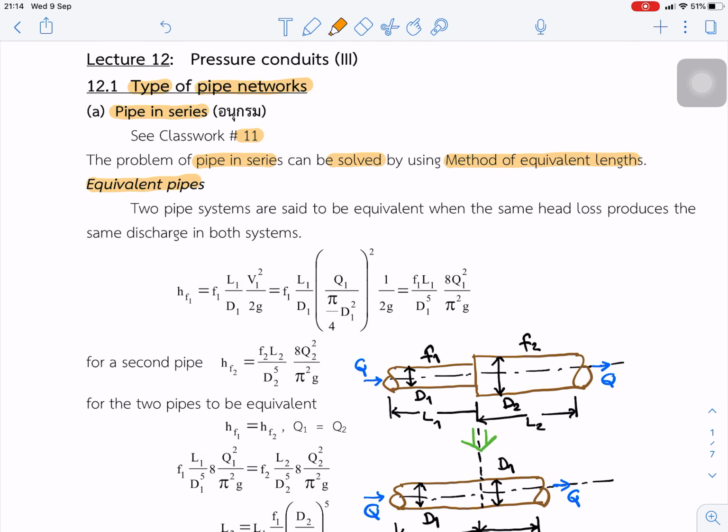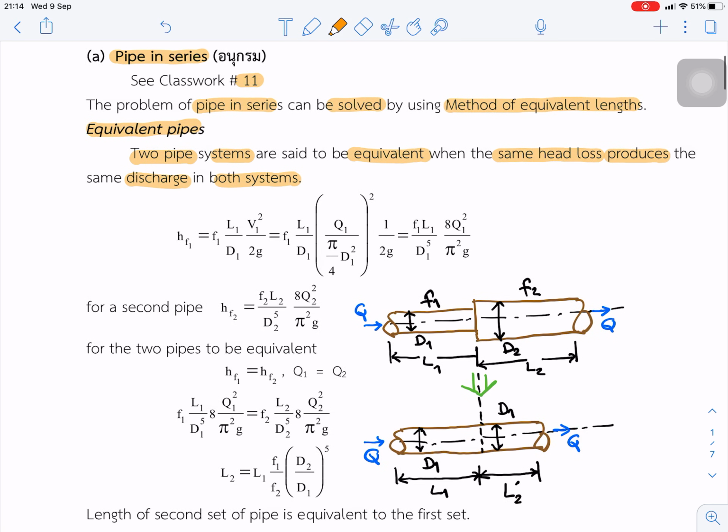The definition is: two pipe systems are said to be equivalent when the same head loss produces the same discharge in both systems. We start from the Darcy-Weisbach equation of head loss, and we substitute V1 with Q and area, so we can write the head loss as a function of Q1, and for the second pipe, head loss is a function of Q2.